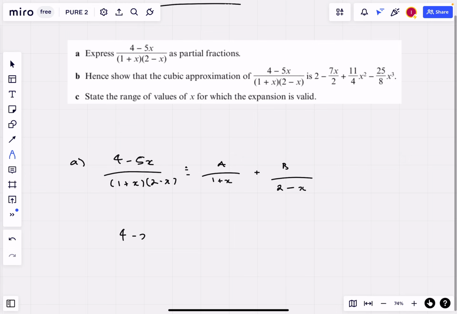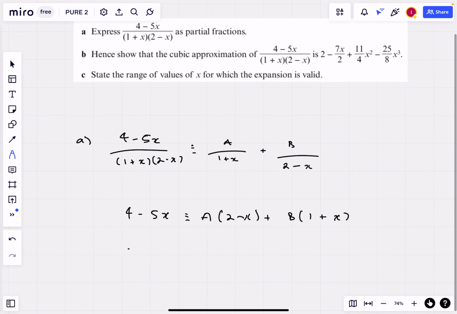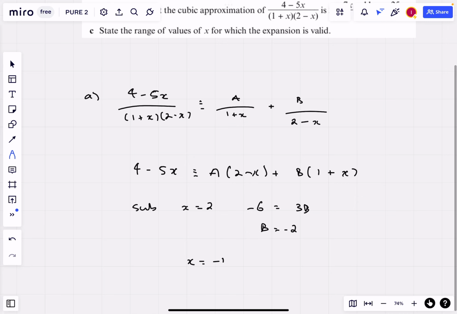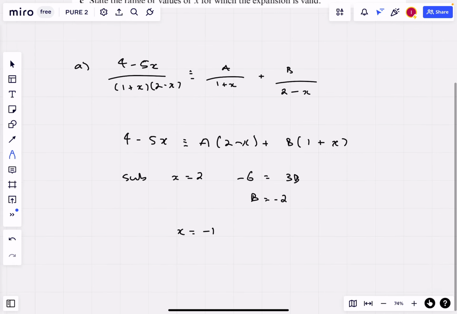4 minus 5x is the same as a(2 minus x) plus b(1 plus x). If you sub x equals 2, you get minus 6 equals 3b, so b equals minus 2. And if you sub x equals minus 1, you get 9 equals 3a, so a equals 3.